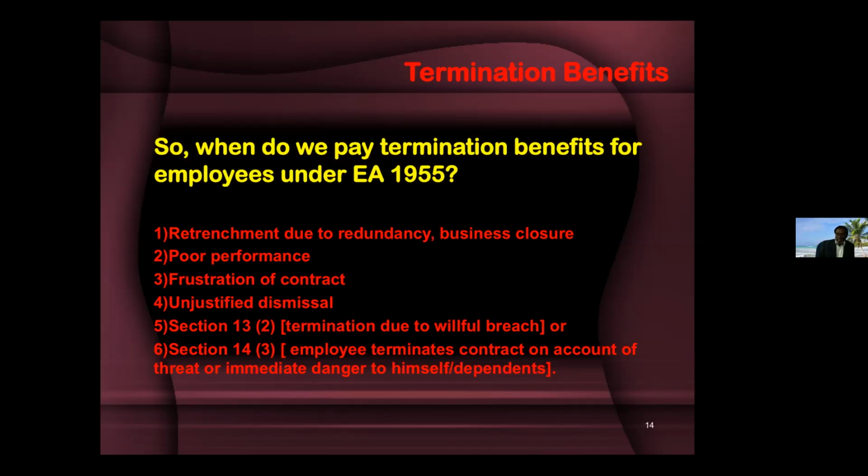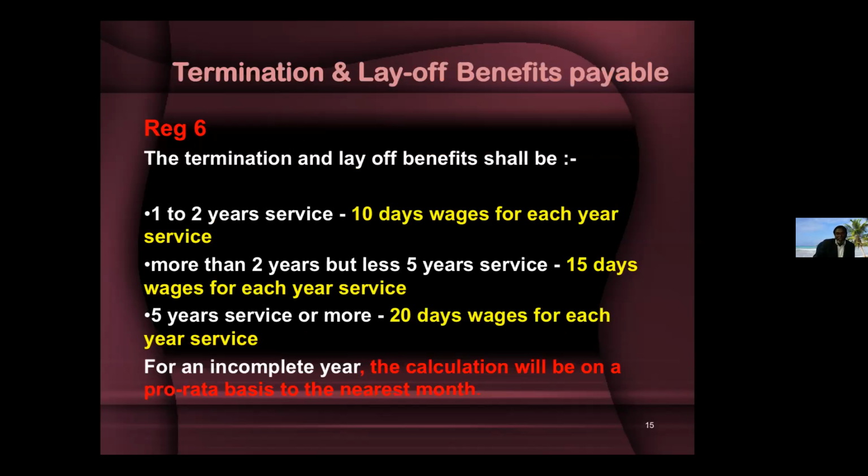In this kind of circumstance, he can invoke Section 14(3) to terminate the employment contract and go to the Labor Department for redress, for termination benefits. So these are some of the conditions where employees may end up being paid termination benefits. I hope we've understood to some extent.